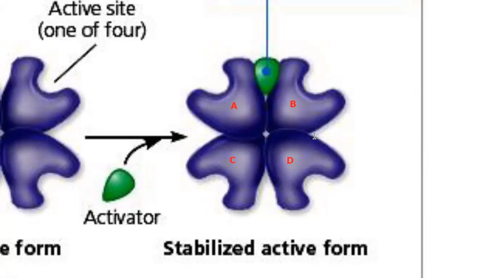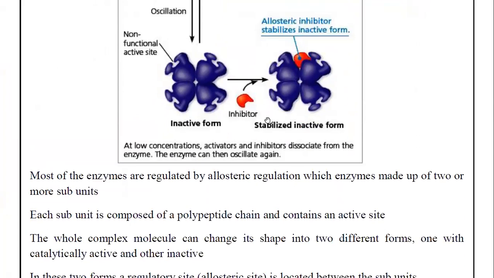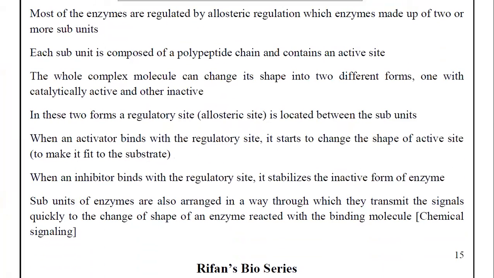Anyway, that child is also activated. Am I right? Yes, sir. So they have signal transmission among them. One subunit, if it is activated, all the subunits will be, what's it? Activated. Clear?